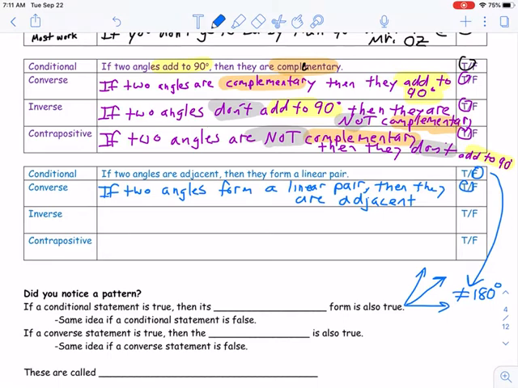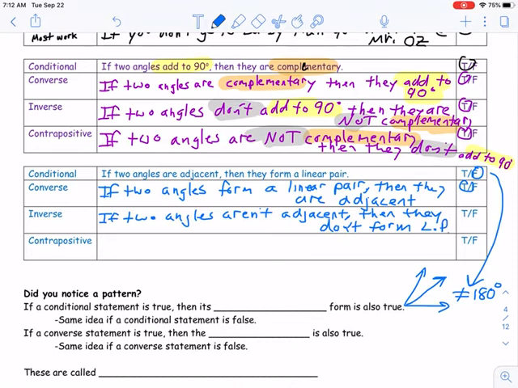Now we're going to negate it. If two angles aren't adjacent, then they don't form, I'm going to put LP because I kind of ran out of room.